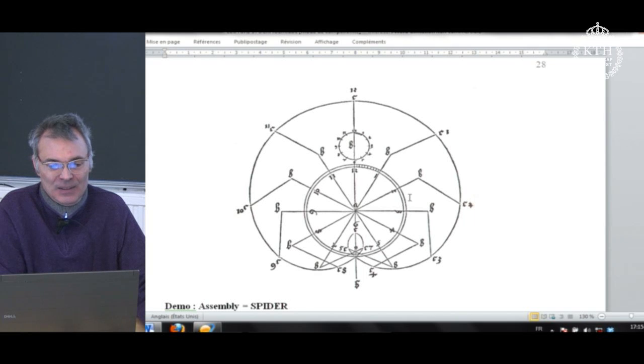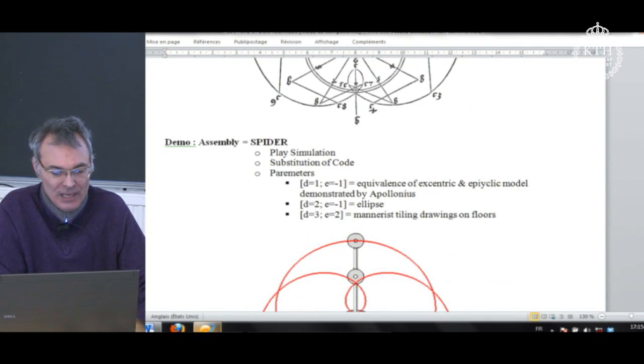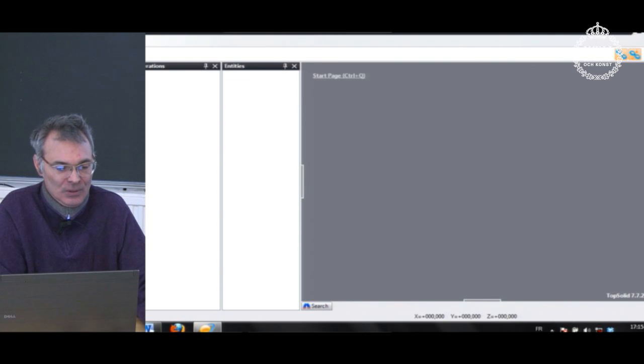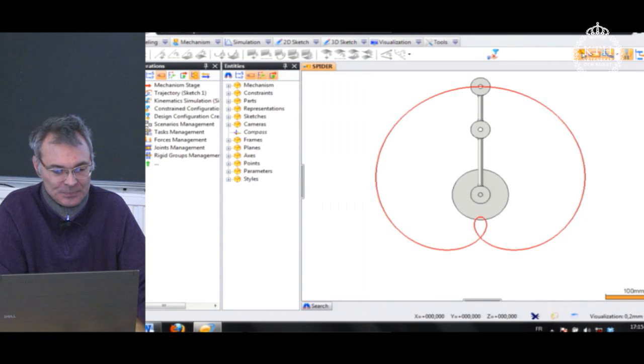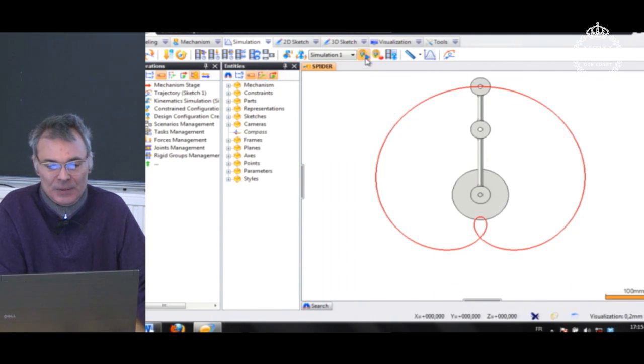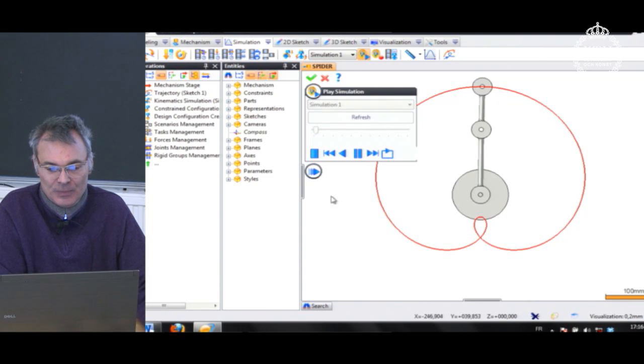This is the drawing that Dürer provides us with. And as you can see, it is very rudimentary. So we have to look how the instrument looks like here. There it is. So let's simulate its movement.